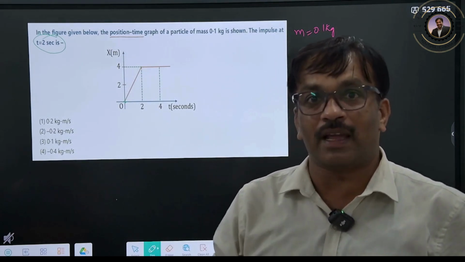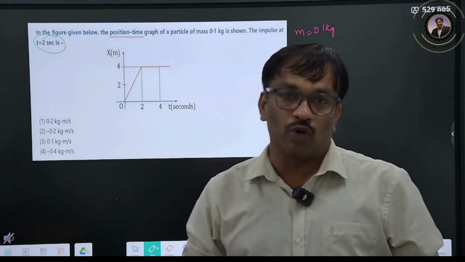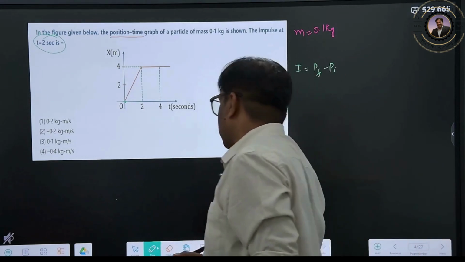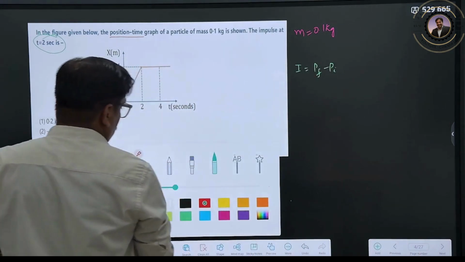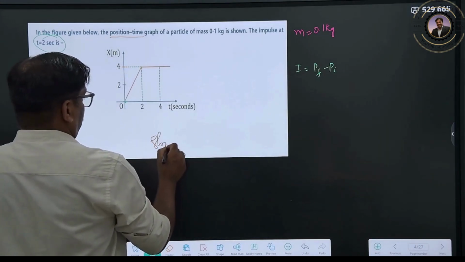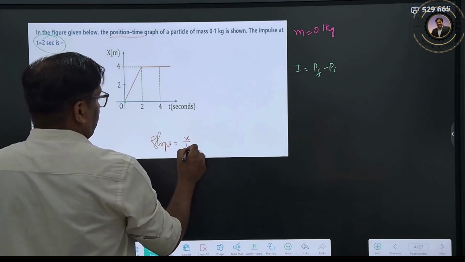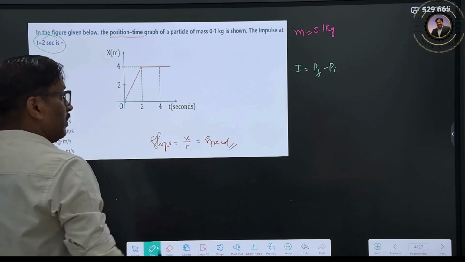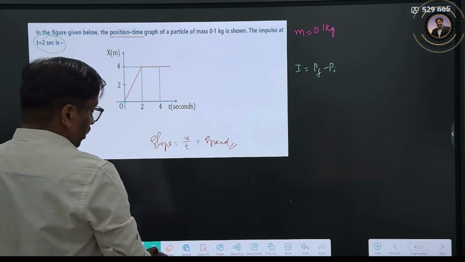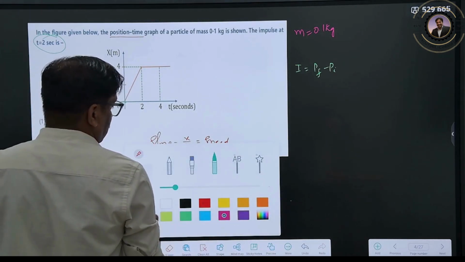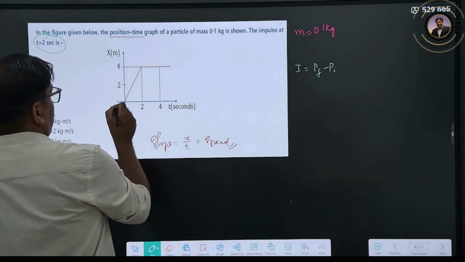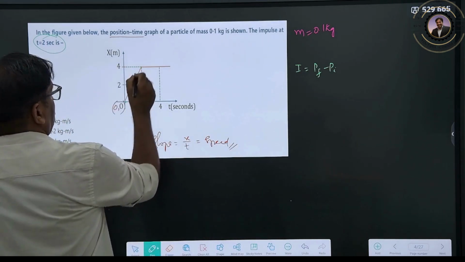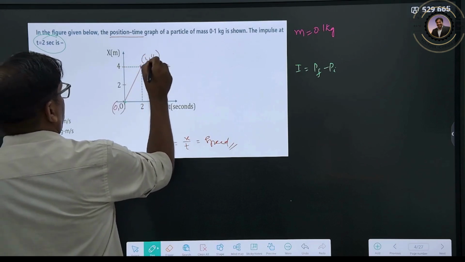But distance by time will give you the slope. Slope is nothing but speed. So here you have to calculate the slope. The slope of a distance-time graph gives you speed. Clear? So here we want to calculate the slope now. Like that, you should analyze this. How do we calculate the slope? This is 0, 0 here, and 2, 4 here.